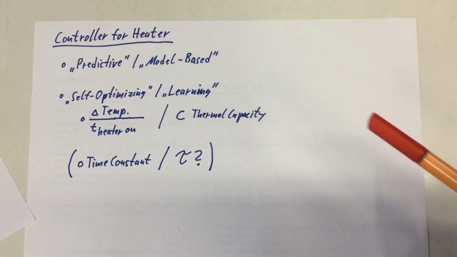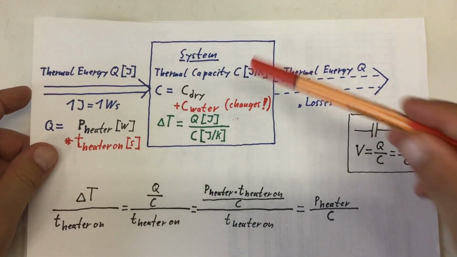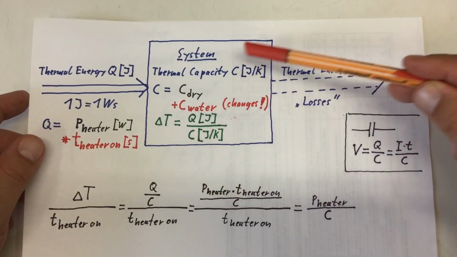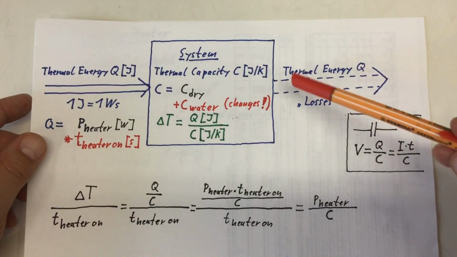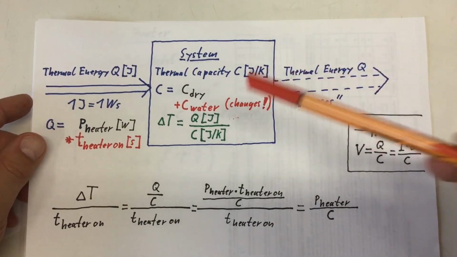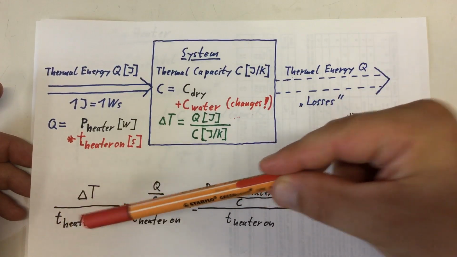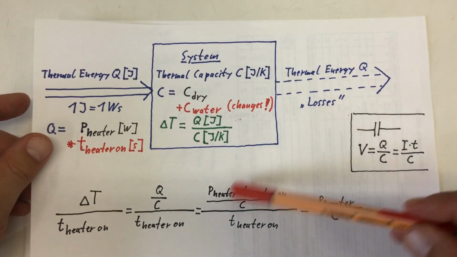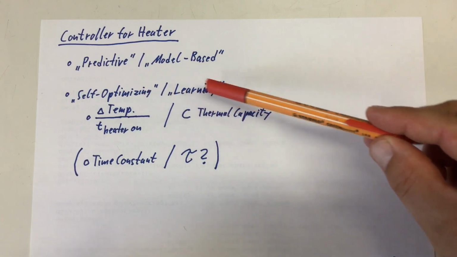And fortunately enough, our model, just to predict the total temperature change, and not caring in which curve it's reached, is quite simple. All we need to know is the delta T over time the heater is on, or the thermal capacity of our whole system. And that leads us to our second point.